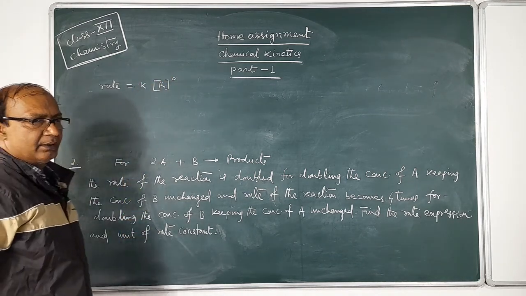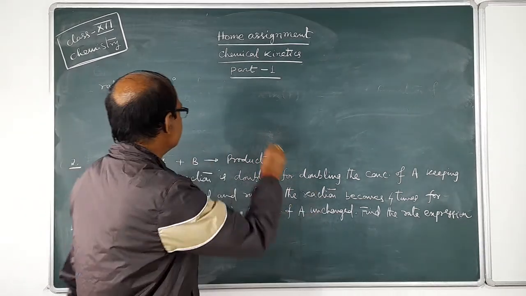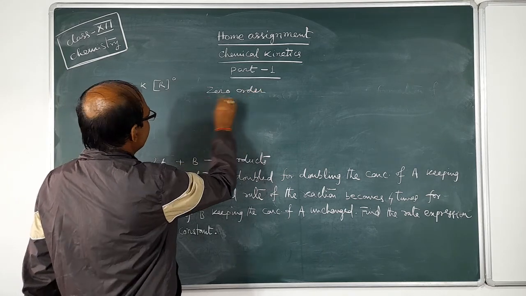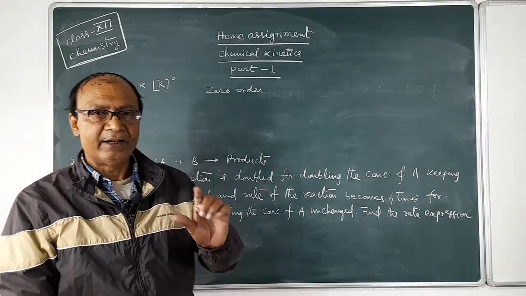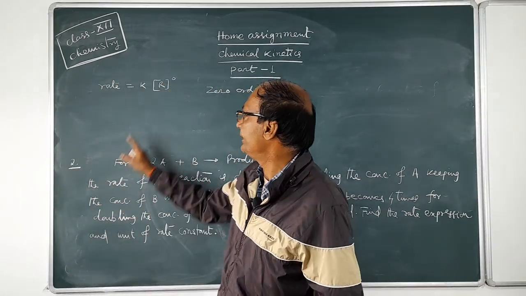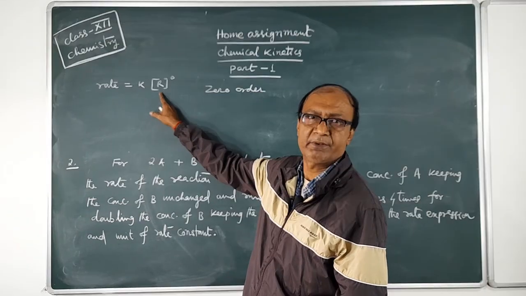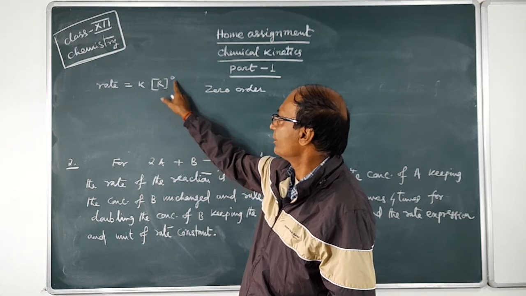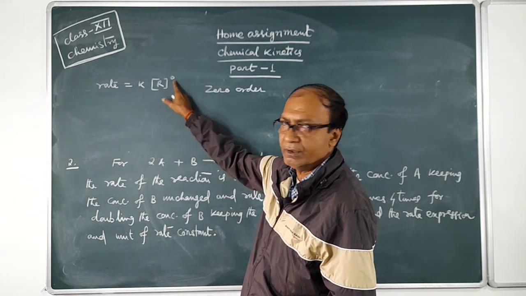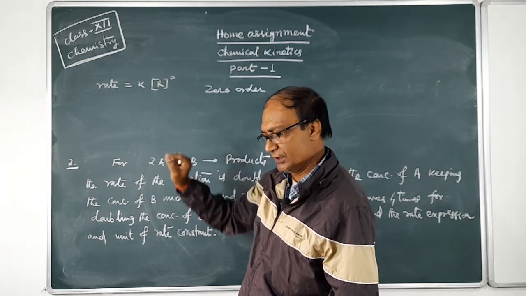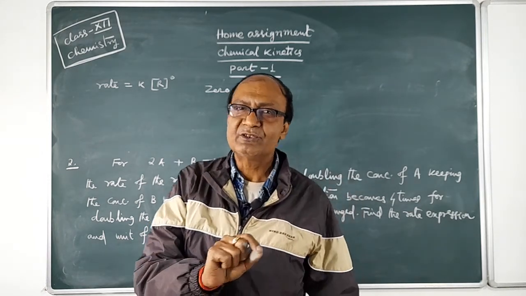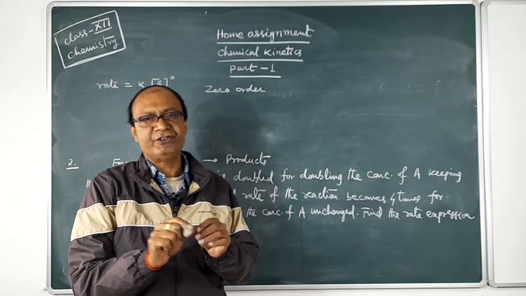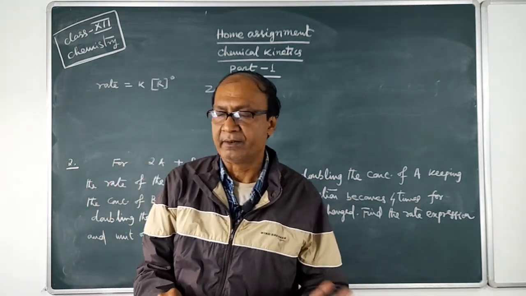That means that for a zero order reaction, the rate of the reaction does not depend on the concentration of the reactant. Clear it: it is power 0, so rate equals a constant. The rate is constant, meaning the rate does not change even if we change the concentration of the reactant.